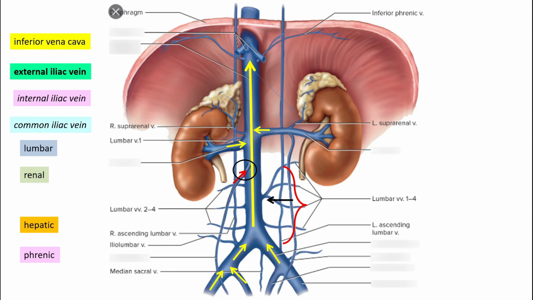Then we have the structure inside this circle. This is the gonadal vein, the right one, whether it is an ovary or a testis. And then on the left we have the left gonadal vein, which is not going to join the inferior vena cava. It is going to join the longer left renal vein.